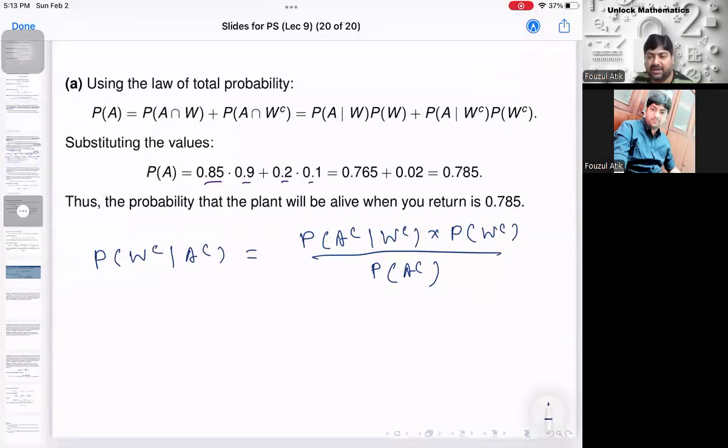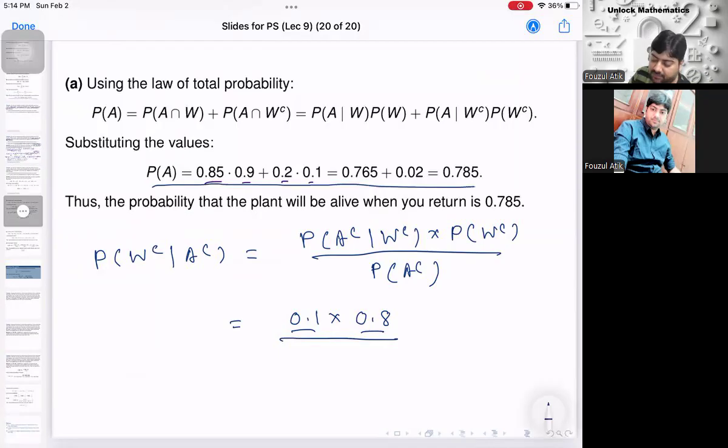Now all these values we already have. P of W complement we already calculated. It was 0.1. P of A complement given W complement was 0.8. Maybe I'll write on that side. This is the value of P of A complement given W complement divided by P of A complement. But P of A we already calculated, so it is 1 minus 0.785.